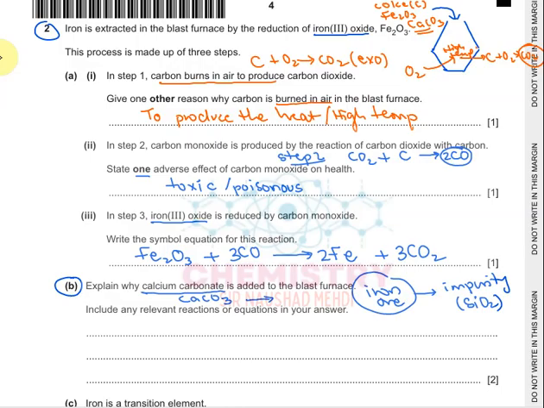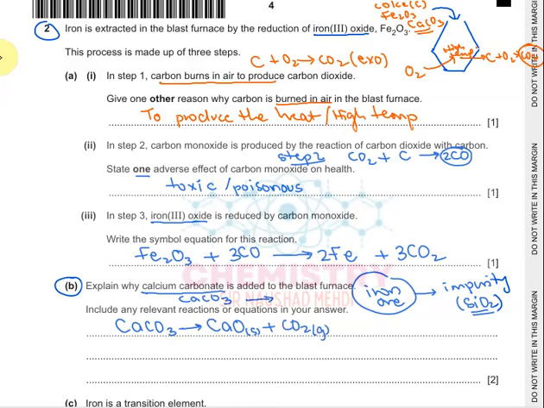Now the question is how this calcium carbonate will be able to remove this impurity. So first of all, this calcium carbonate which you are adding in the blast furnace will be decomposed to form calcium oxide along with the carbon dioxide gas.